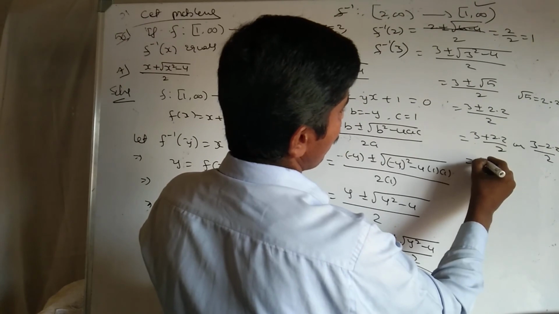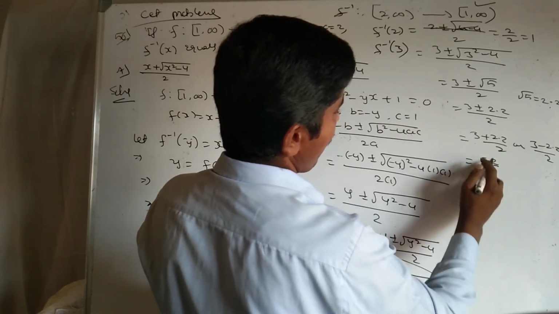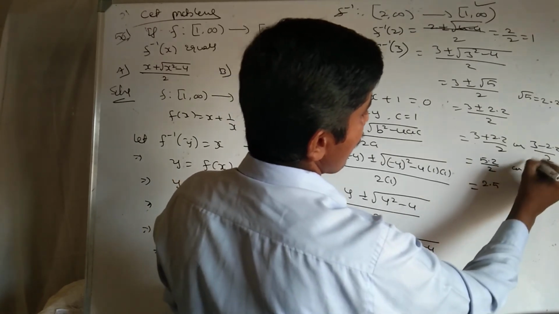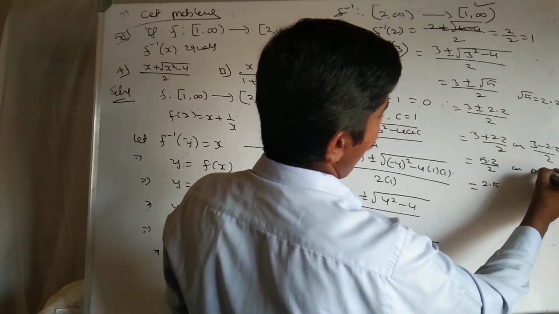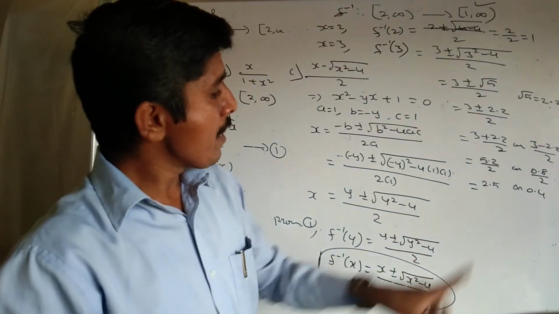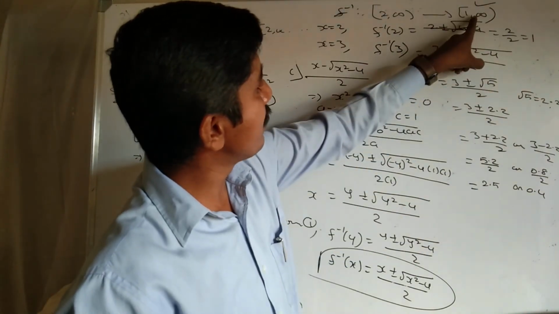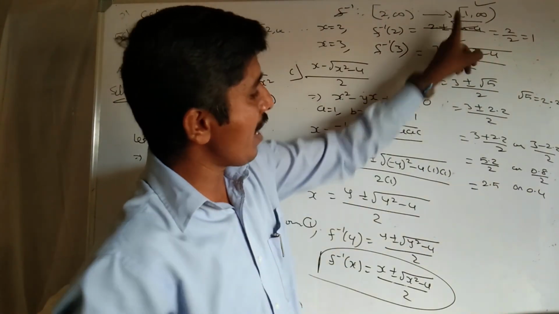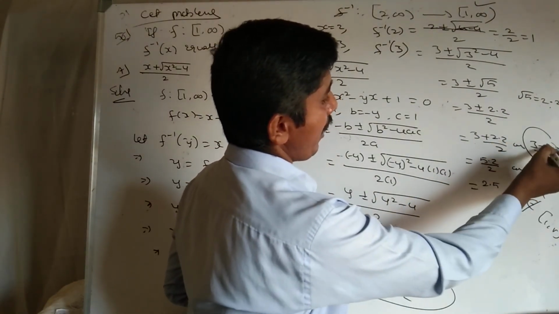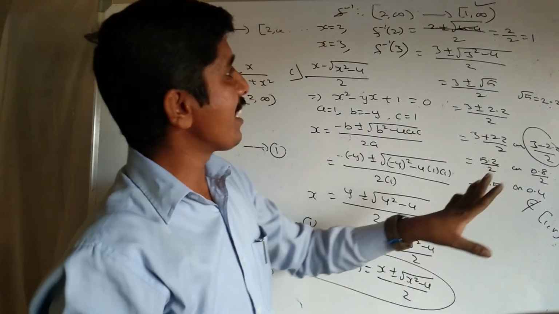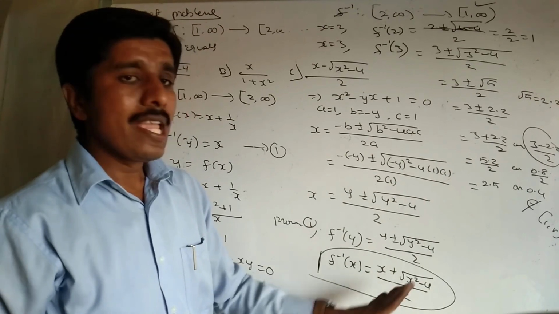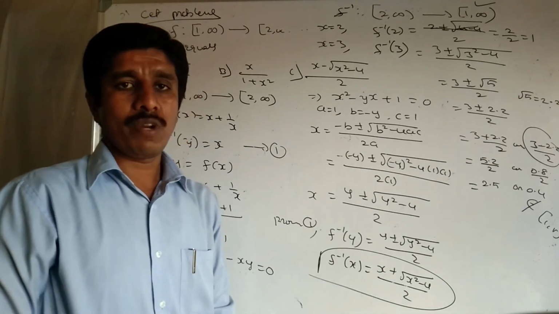3 plus 2.2 is 5.2, divided by 2 gives 2.6. 3 minus 2.2 gives 0.8, divided by 2 is 0.4, approximately. 2.6 clearly belongs to the codomain, but 0.4 does not belong to it, since it is less than 1. So the minus sign clearly does not satisfy. Therefore, the right option is only the plus: f inverse of x equal to x plus root of x square minus 4, divided by 2.